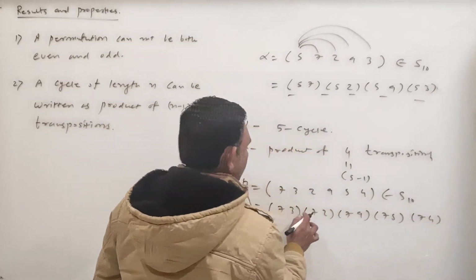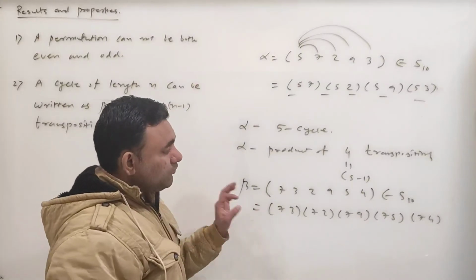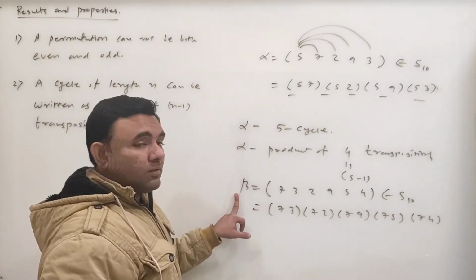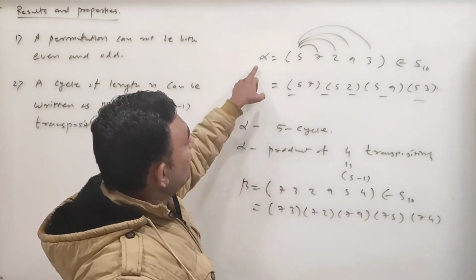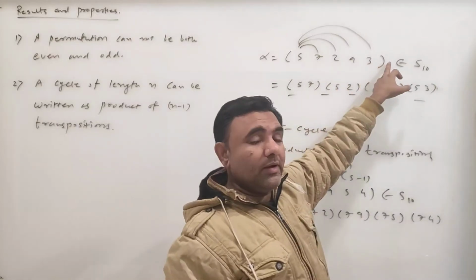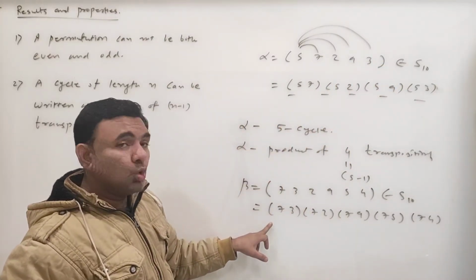So it is a product of 5 transposition. तो बीटा क्या हो गया, ओड परम्यूटेशन, और यहाँ पे अल्फा इवन परम्यूटेशन. तो उसकी लेंथ ओड है लेकिन परम्यूटेशन इवन है. यहाँ पर लेंथ इवन है लेकिन परम्यूटेशन ओड है.